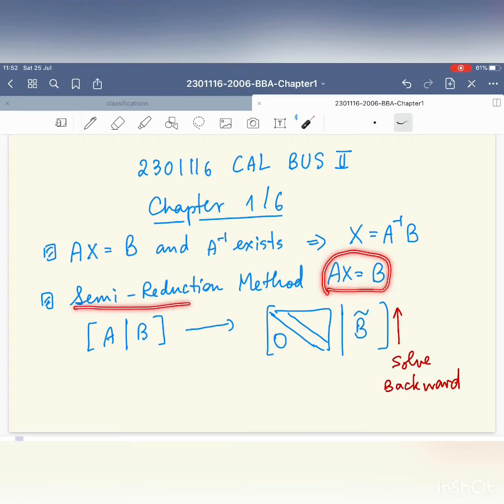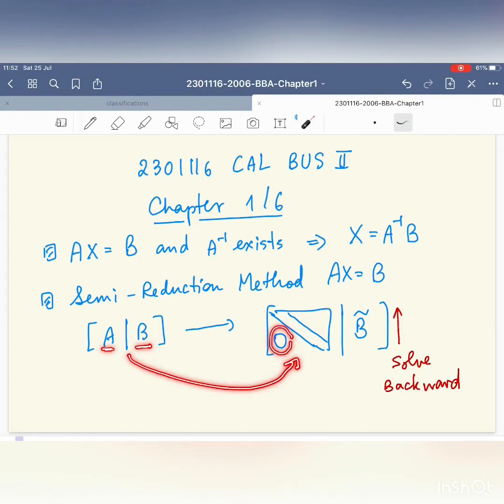And with this method, you don't really need your number of equations and the number of unknowns to be the same. It can be different. The way we do it is that we just ignore the variable matrix, and then you attach your A with your b as the augmented matrix like this. After that, you do the same as you did for reduction. However, you are only going to change the elements below the main diagonal.